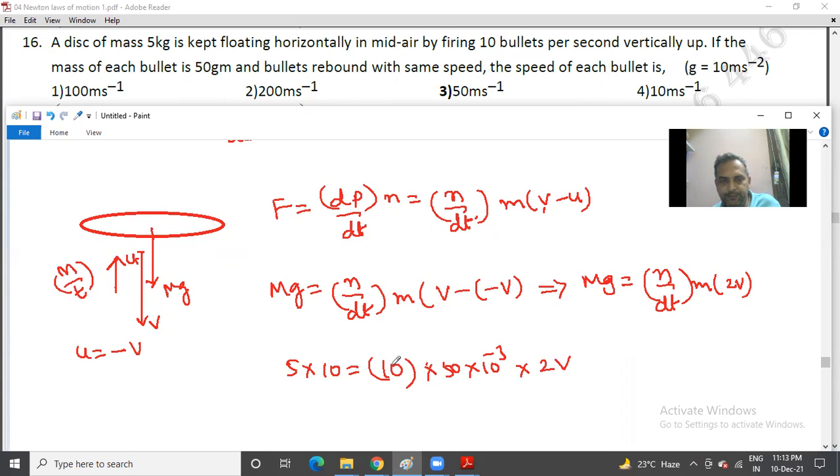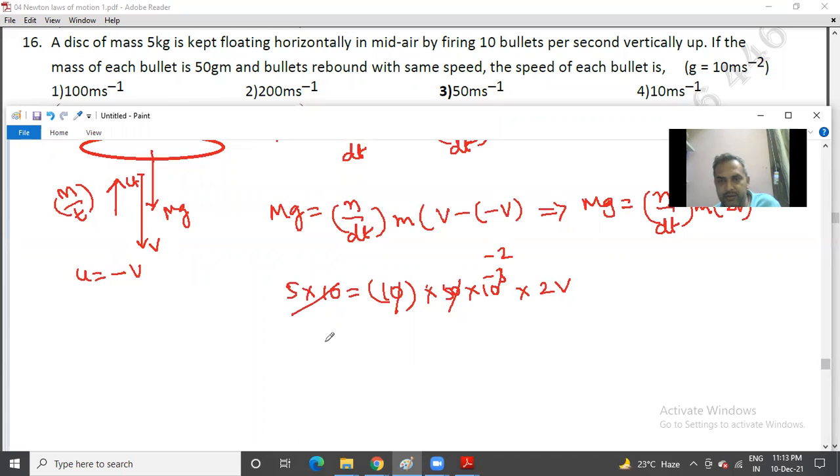You can cancel this 50 and this 50, so this will be minus 2. V is equal to 1 by 2 into 10 to the power of minus 2. If you take this minus 2 up, it will be 10 square, which is 100. Therefore, the speed of each bullet is 50 meter per second. The third option is correct. Now let us move to another question.